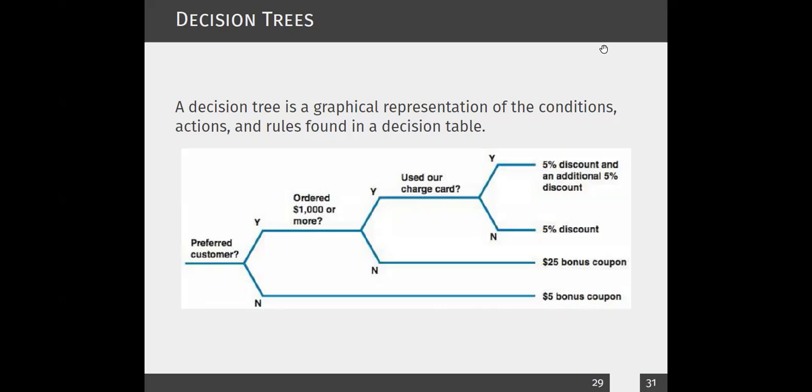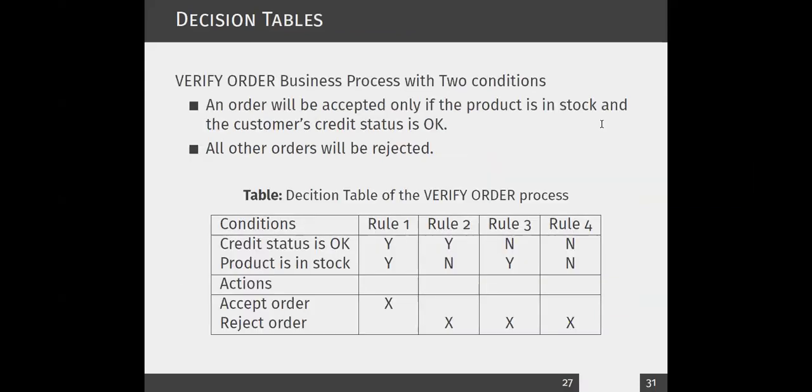Now I want you to draw this for our first example. What was the first example? So if you go back here for this one, right? For this problem, can you draw the decision tree?